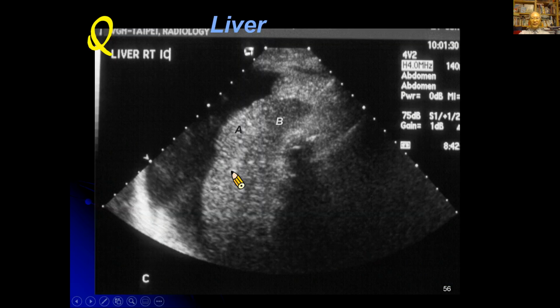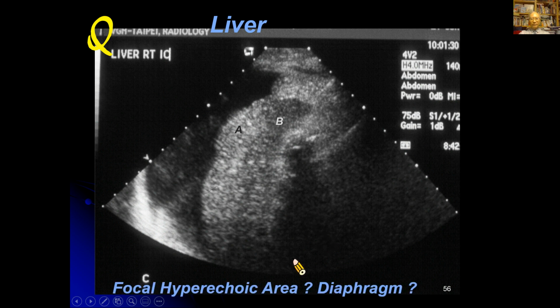And here you can see something wrong with the liver. It's bright here, it's dark here. Is the hyperechoic area a focal pathology? No, that's because fluid ascites enhanced the liver here. How about the diaphragm here?